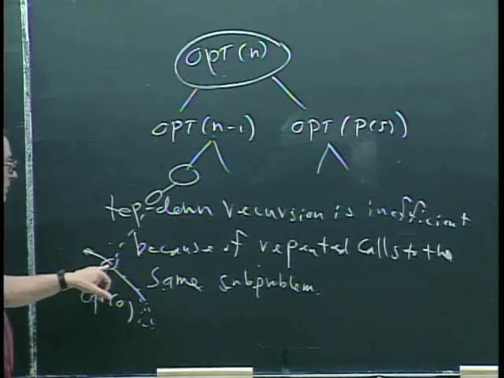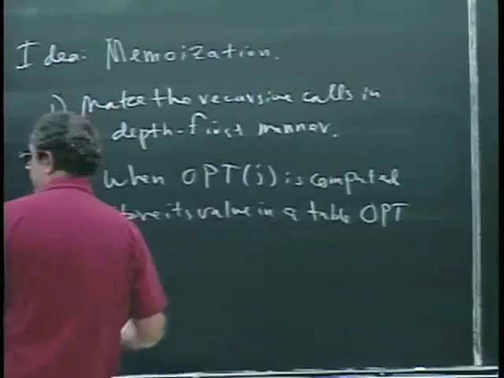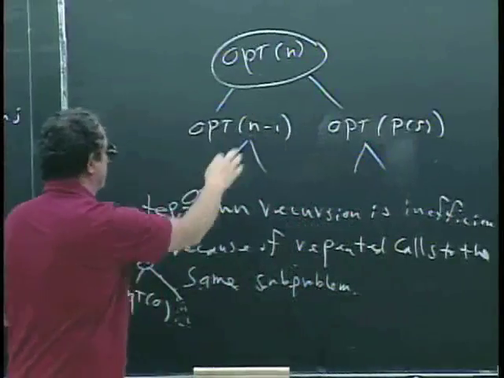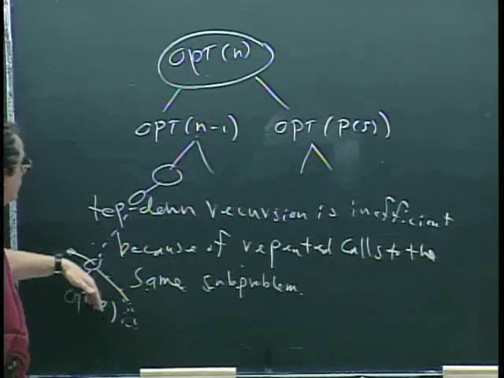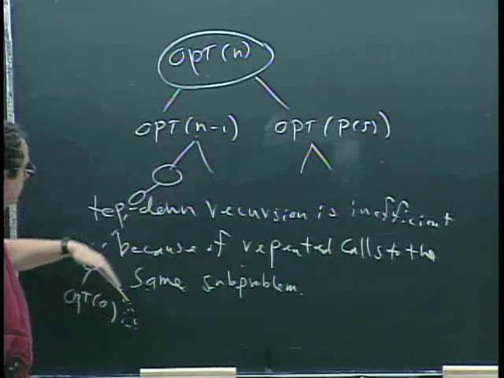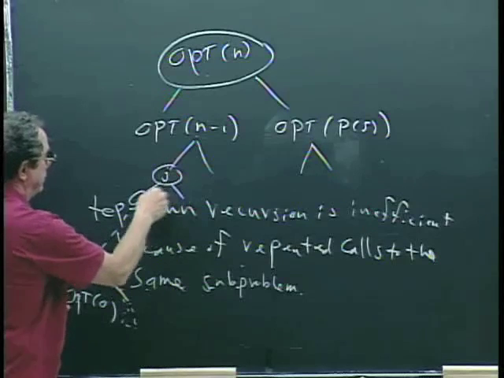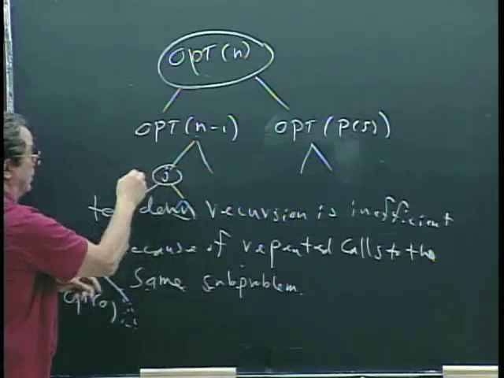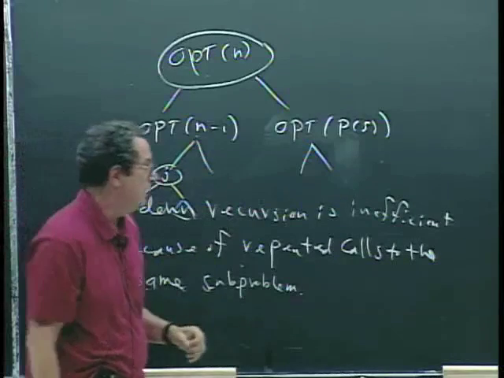And that's what I mean that when opt j is finally computed, you store its value. So as you percolate back up in the depth first expansion and exploration of this tree, you're coming back up, and here's j, and you've looked at both sides, and you come back up to j, and now you know its actual value, and you put it in the table. Okay?